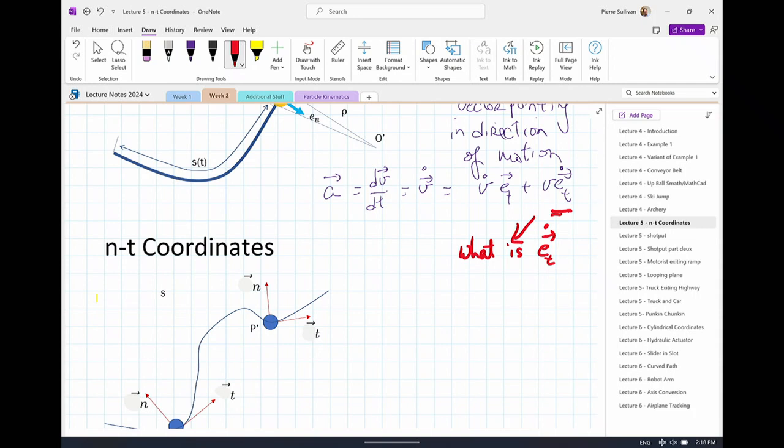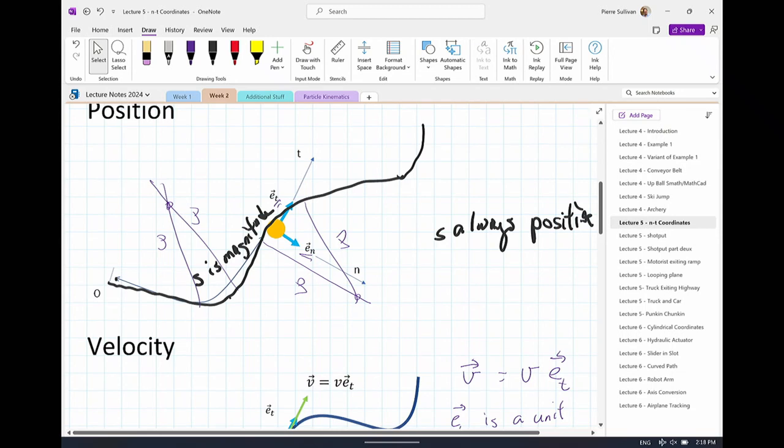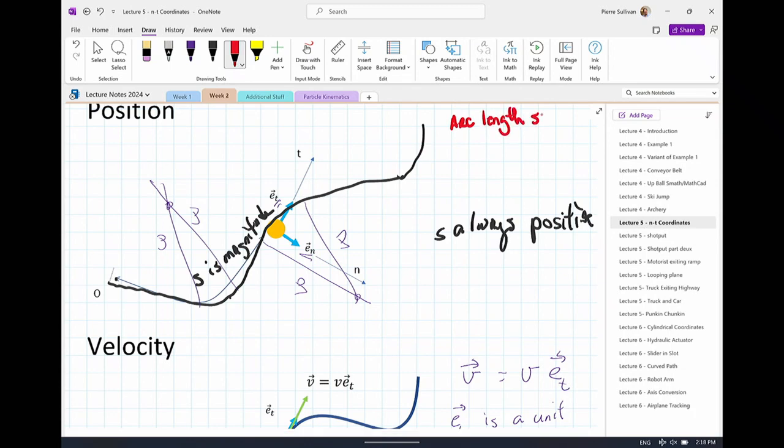So I can start going back a little bit here. I really should not do position first, but okay. I can sort of define arc length. So as I'm traveling along that path, my s as a function of t is going to change.